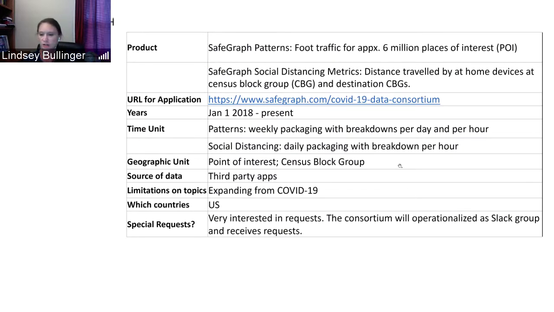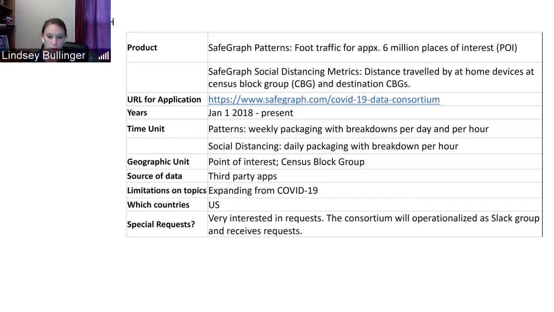The geographic unit of interest in the patterns database is the point of interest, so the location, whereas in the social distancing metrics data, the geographic unit of interest is the census block group. So it's actually quite fine data if you're studying, for example, neighborhood movements and neighborhood mobility.